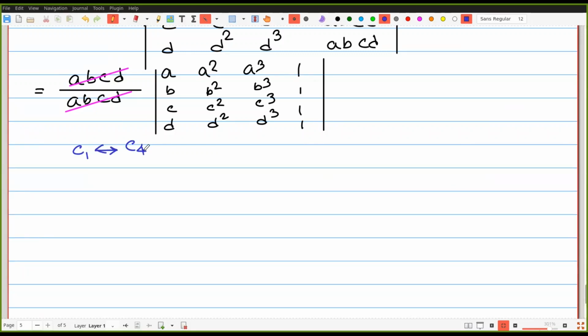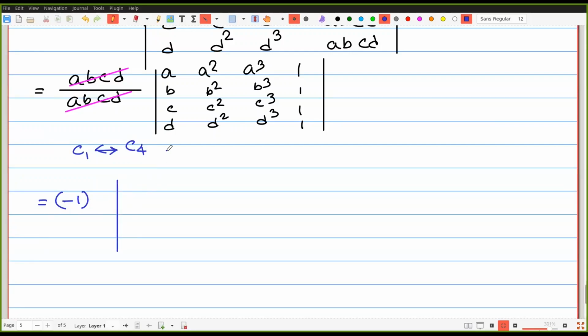When the first interchange is occurring, there would be a minus. Any interchange of one row or one column is always giving us the same value, but the opposite sign. So that one was plus, so it should be minus.